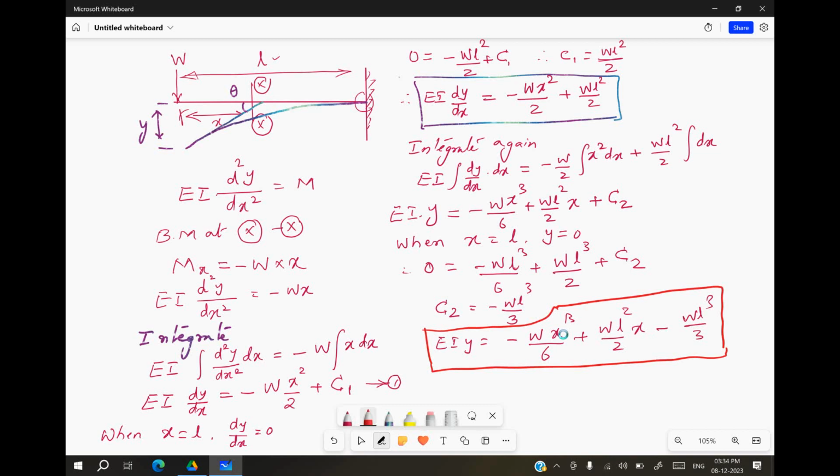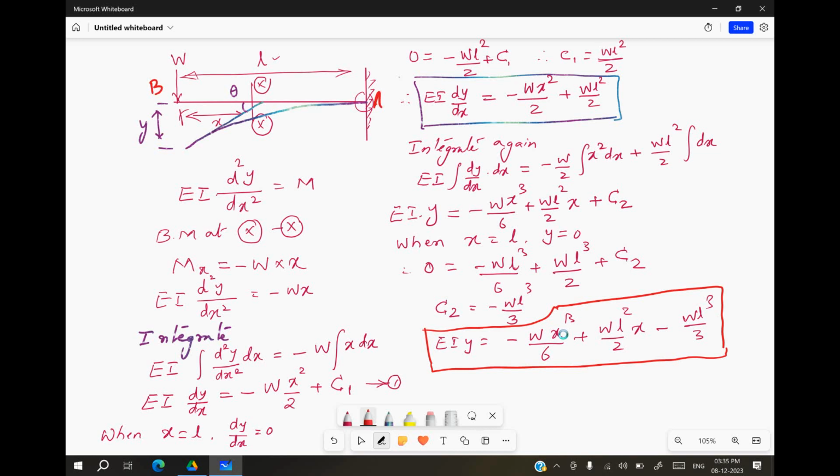Now, what is the deflection at B? If I call this end of my beam A and this one B, you can find out the deflection and slope at B. At B, the value of x is 0.